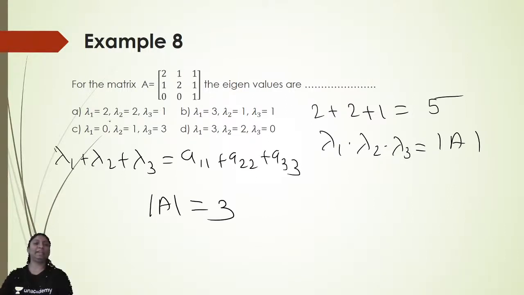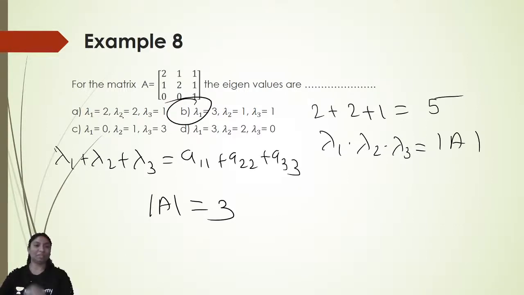If I take the first option, 2 plus 2 plus 1, the addition is 5, correct, but the multiplication 2 into 2 into 1 is not 3, so this option is not correct. We will see the second one. 3 into 1, yes, it is 3, determinant of A equal to 3, we are getting. Now 3 plus 1 plus 1 is 5, yes, so this one is the correct option.